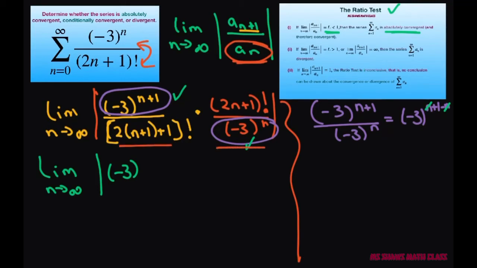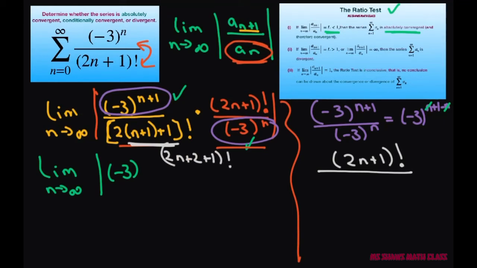For these two, let's look at what we have. If I simplify this, our numerator is going to be 2n plus 1 factorial. This right here is really 2n plus 2 plus 1 factorial. That gives me 2n plus 3 factorial.